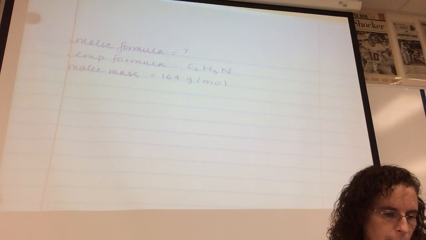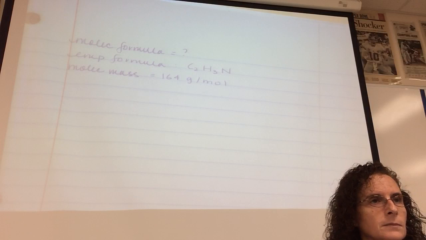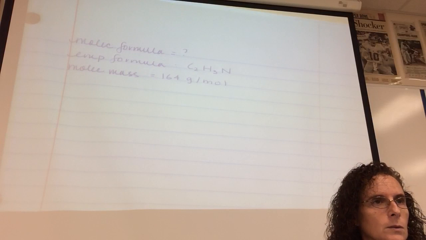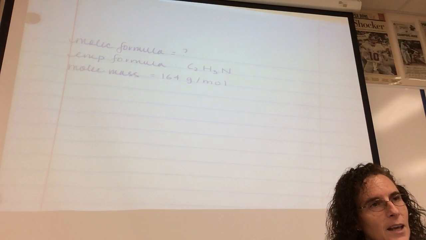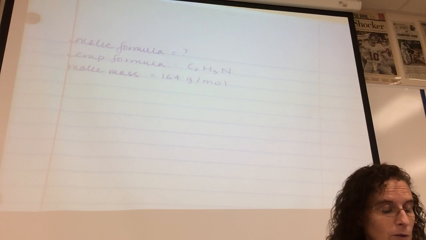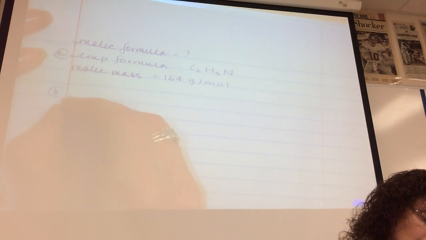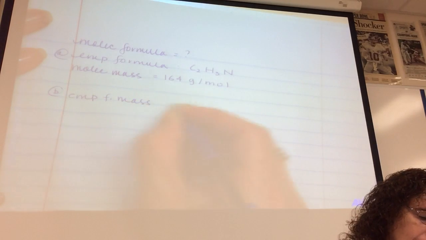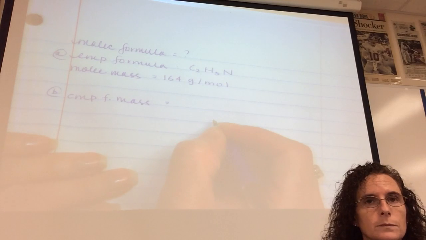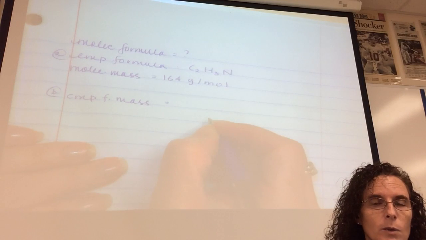So Dean, what's the first thing we should do? Find N? I'm not ready to find N yet, but we will soon. We've got the empirical formula, so we can find the empirical formula mass. So here's step A. Step B, empirical formula mass. How do we do that? Where do we get those numbers from? Periodic table.